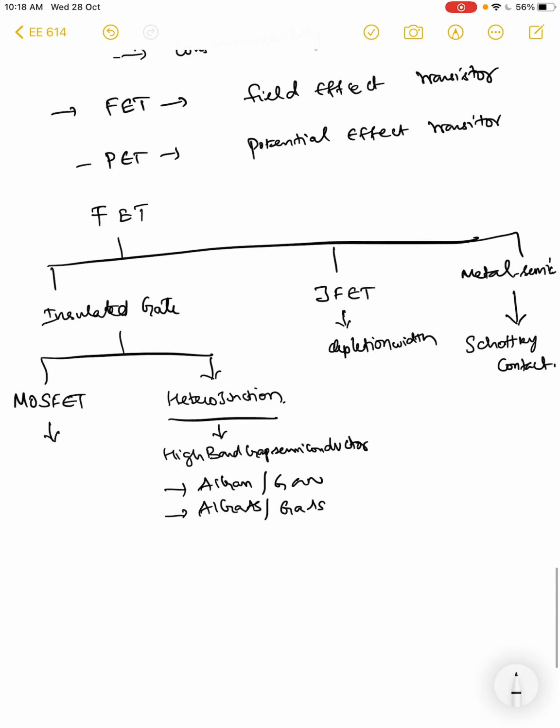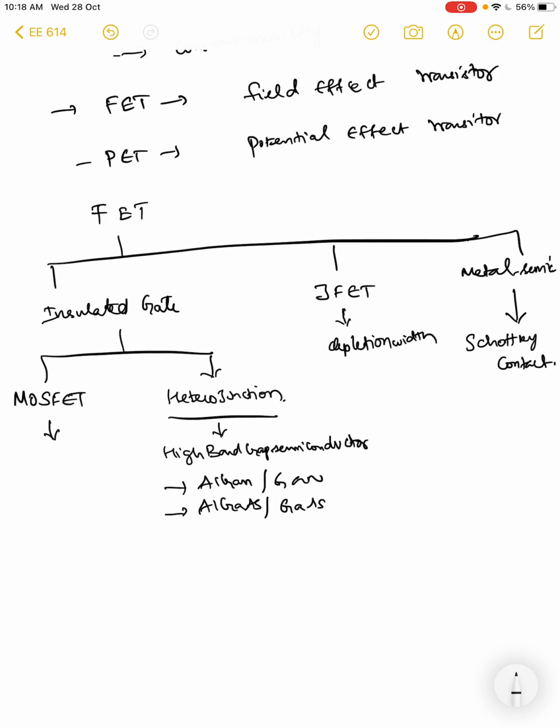Right? Now, why field effect transistors are as popular as they are is because they have a very high input impedance, which is understandable because the control terminal, that is the gate, is typically insulated from the channel either by an oxide or by a Schottky contact or by depletion.